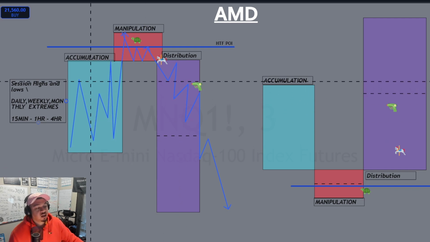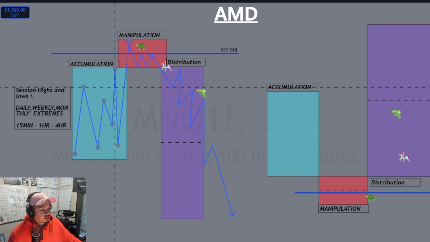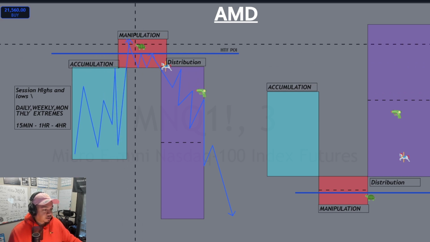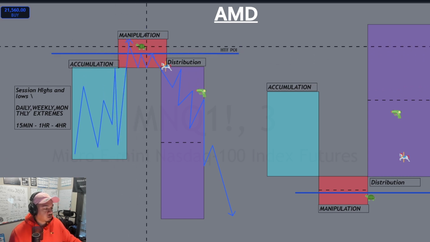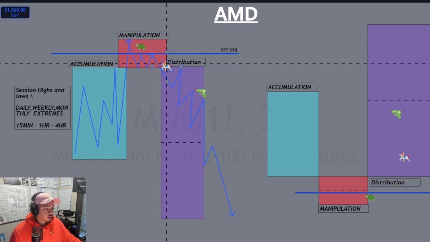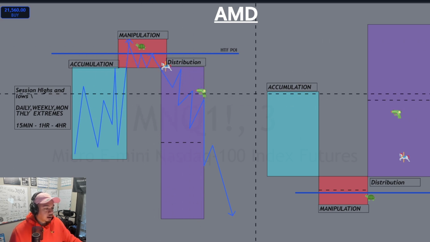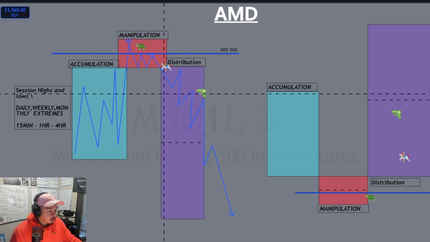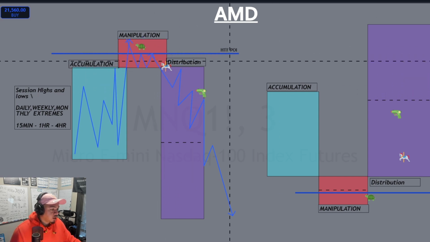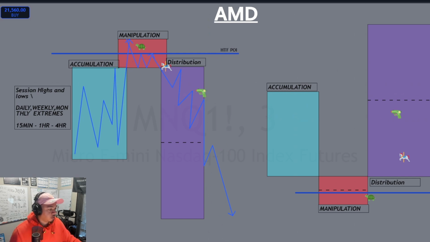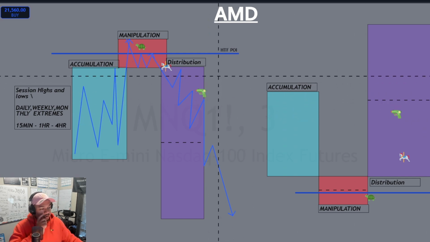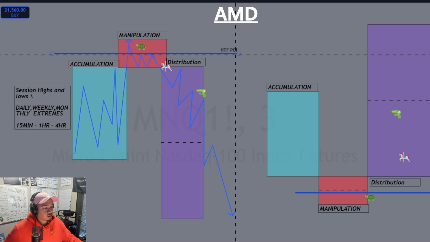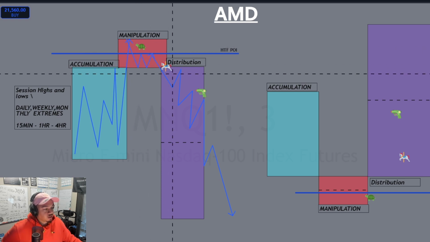What you're going to want to see is accumulation before your session, then a manipulation leg that happens at the beginning of your session for you to either enter turtle soup. Then during the session, there'll be distribution trades to catch. Depending on whether it's a sell or a buy leg, it changes as far as reaccumulation and distribution. The terminology does change, but what you want to understand is you're looking for a higher time frame point of interest to initiate the trade, and you're basically just asking, can I get in any one of these 3 different entries?